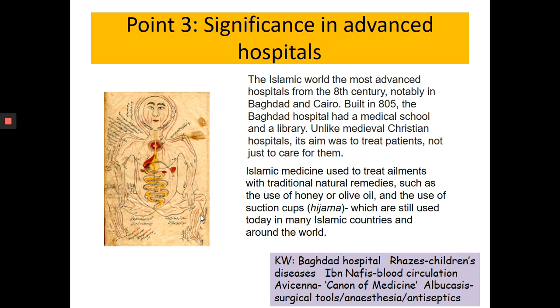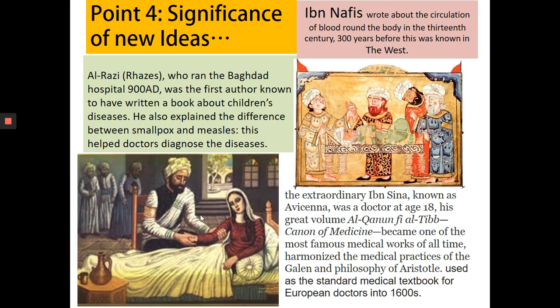And unlike medieval Christian hospitals, its aim was to actually treat its patients, not just to care for them. Islamic medicine used to treat ailments with traditional natural remedies such as honey and olive oil, and used suction cups as well, which are still used today in many Islamic countries around the world.